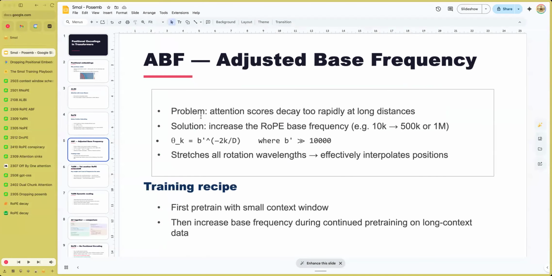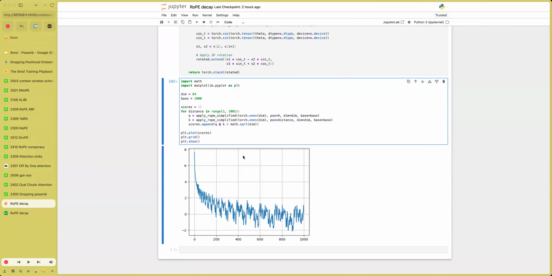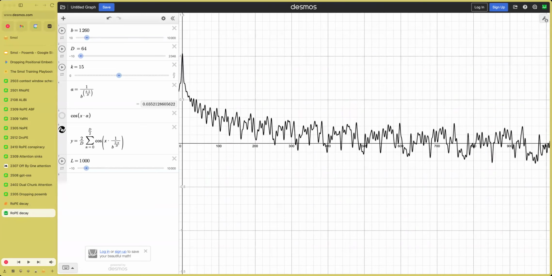ABF stands for adjusted base frequency. They basically say, let's just increase the base frequency, and this will, as we will see now, make this more flat. I have this exact formula here, where we can look at different parameters.